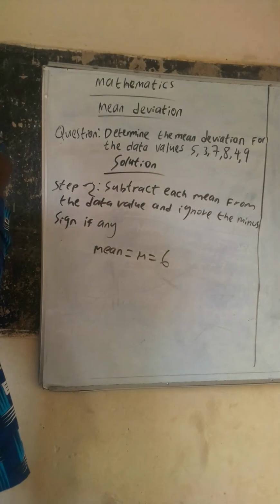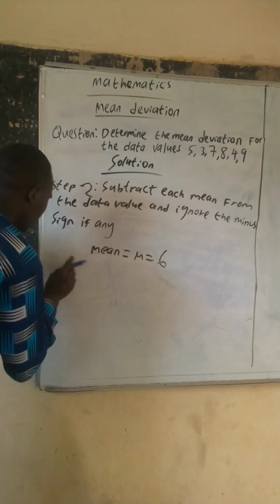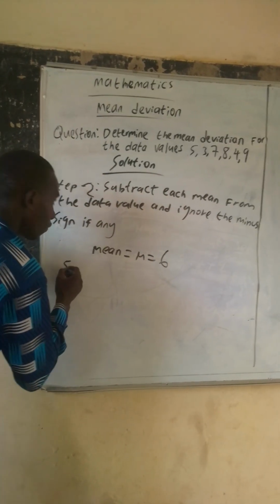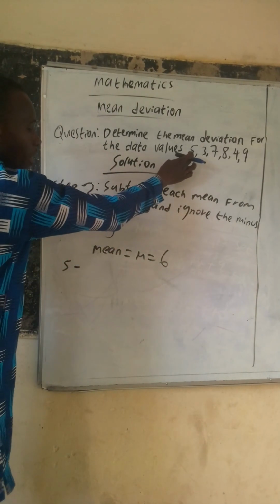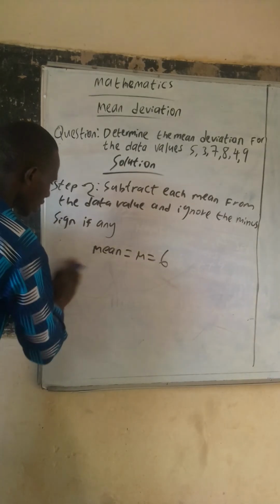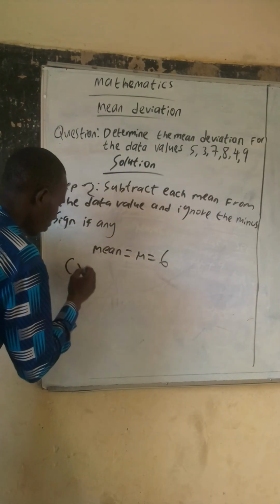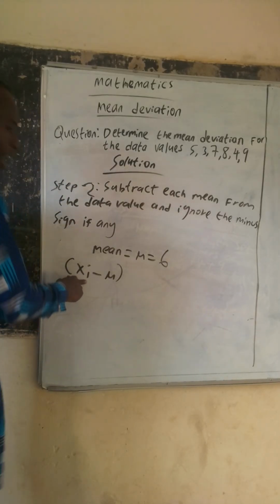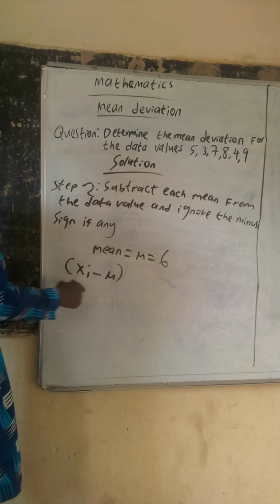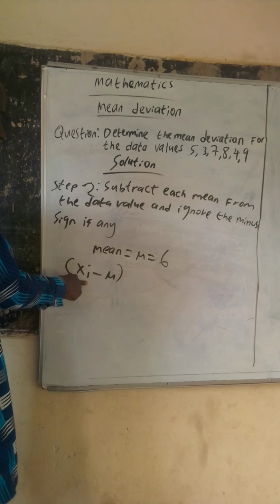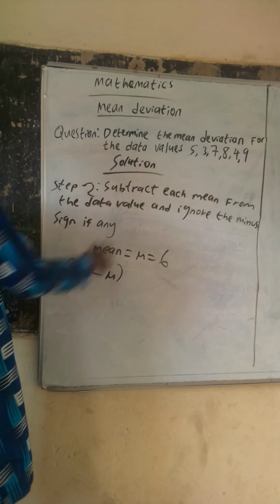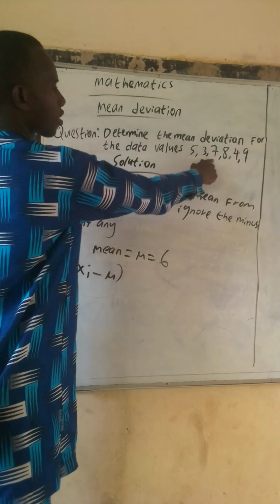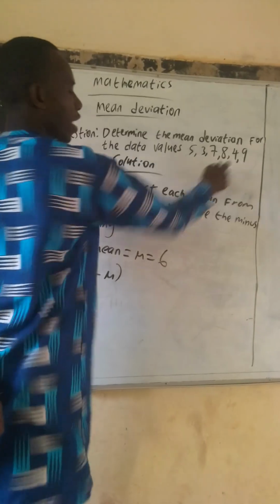Now let's go ahead and do that. Before that, this is the formula: xi minus our mean, where xi is the individual x values: x1, x2, x3, x4, x5, x6.